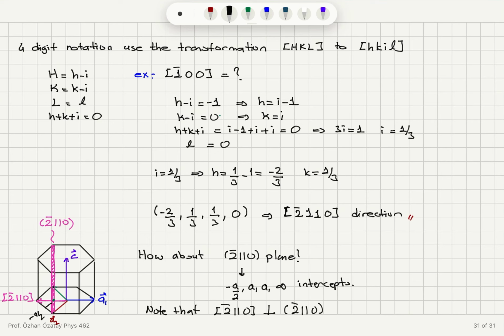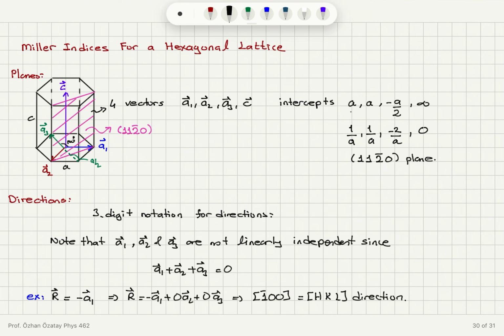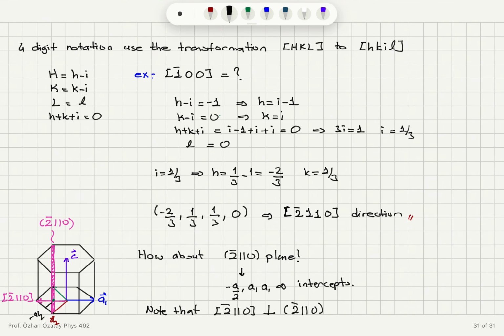And I noticed that the 2 bar 1 1 0 direction, which was the minus A1 vector, is perpendicular to this, so the 2 bar 1 1 0 direction is perpendicular to the 2 bar 1 1 0 plane. So using this 4-digit notation also for a hexagonal lattice, I find that the HKIL direction is perpendicular to the HKIL plane.